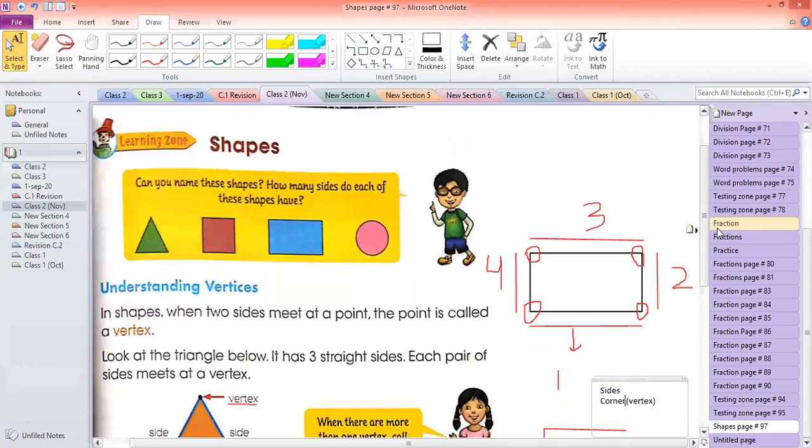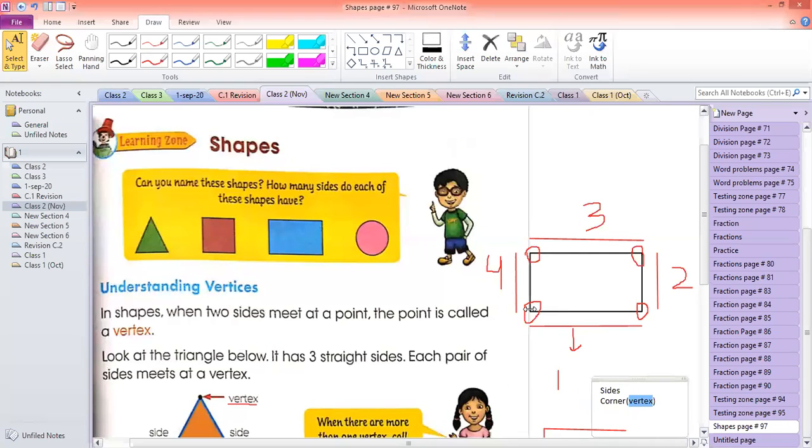And if I talk about the corners, you can see it when one line meets another line, when one side meets another side. The point at which these two sides meet together is known as a corner or vertex. We also call it vertex, right guys?